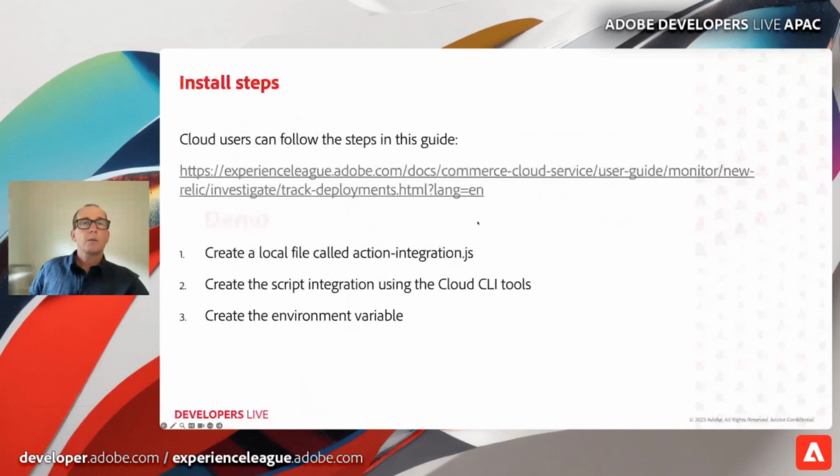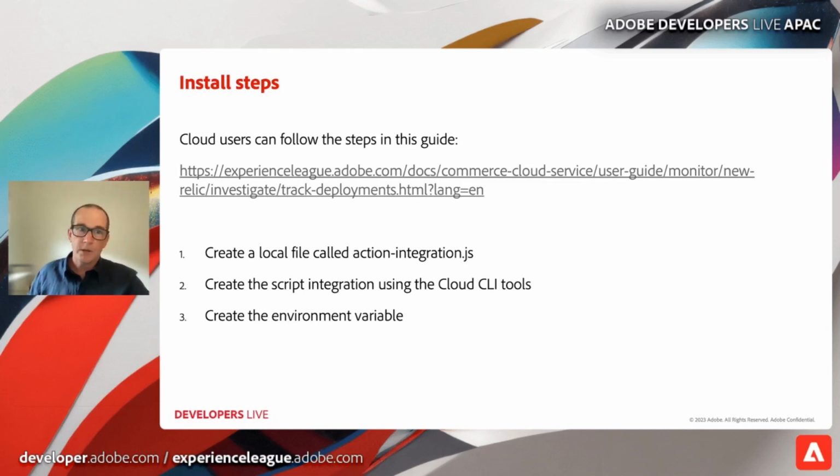Okay, so when it comes to installing, cloud users can follow the steps in the guide that I've linked to here. And it is this guide, you need to be using Adobe Commerce Cloud for this because we're using some cloud native features. But I do have some slides on how to install and some of your options for on-prem and open source customers coming up a bit later as well.